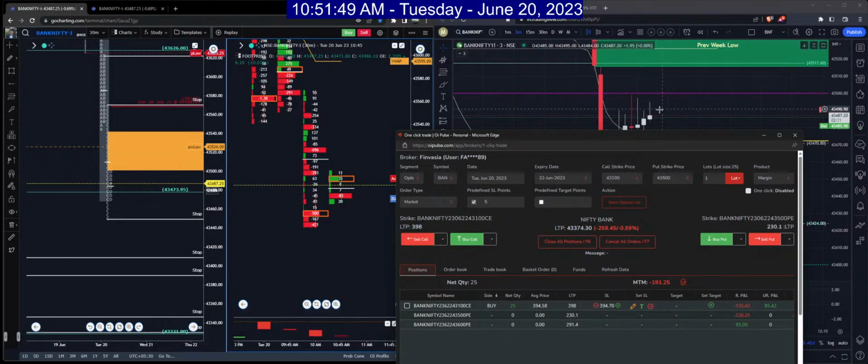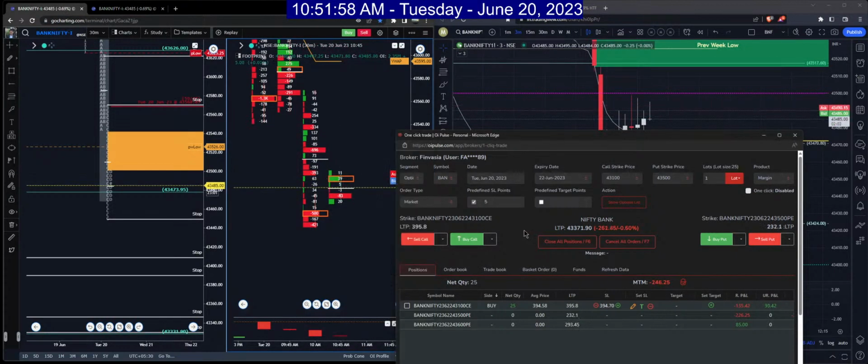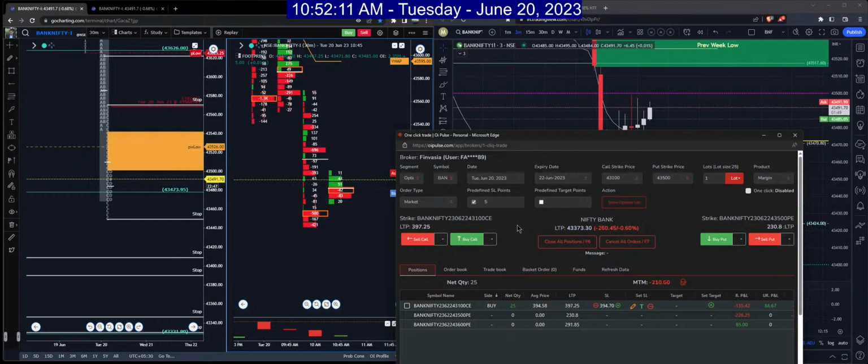There is supply coming in now. Plus from the delta order flow, there is a seller at 43,516. I'm looking for 516 to be tagged. Okay, my SL will be hitting now. So there is a buyer here and there is a seller here.